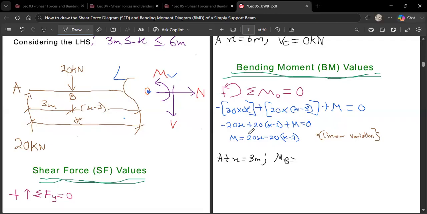We're going to write this relation, but anywhere you see x, you put 3 over there. Then you punch it in the calculator and simplify.